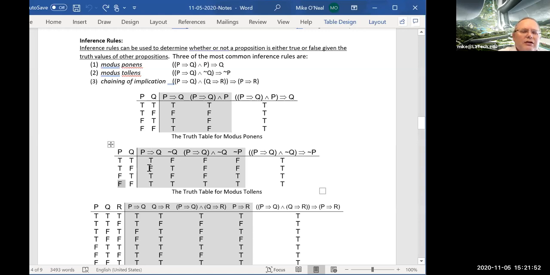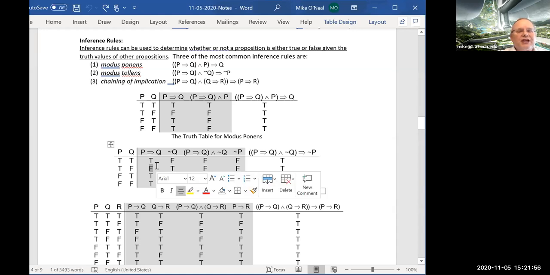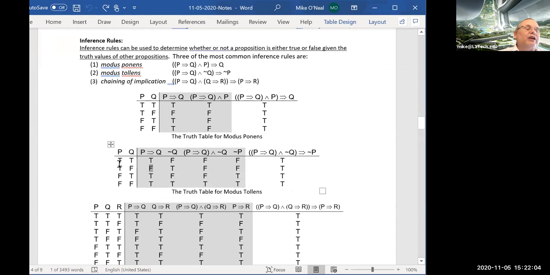Well, it's saying the if statement's false. Well, we already know if the if statement is false, you can't conclude anything. So since the if statement is false, Josh could be at home and not playing Halo.